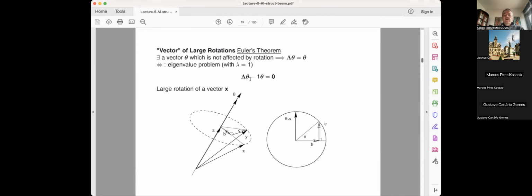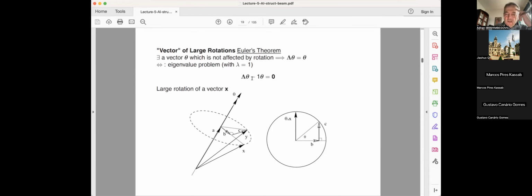So if you compute the eigenvector of your orthogonal tensor lambda, you can set the eigenproblem as (lambda minus 1 times identity) times the vector theta, or if I multiply through, this means lambda theta equals 1 times theta, that is, eigenvalue equal to 1. And so the only vector which is not affected by the large rotation is the one placed in the rotation axis. So what you call the rotation vector is the one placed in the rotation axis.